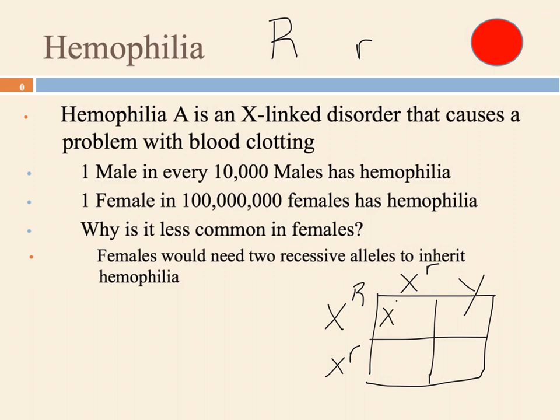So you're going to have X big R, X big R, X little r, X little r. If I was heterozygous, then as you can see from the results, there is a 50% chance that our child would be colorblind: 25% colorblind female, 25% colorblind male, and 50% that our child would not be colorblind.